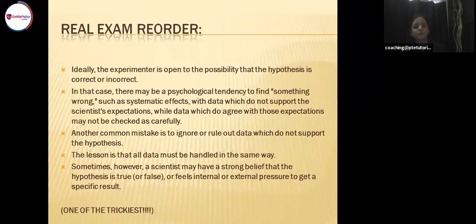This happens. I'm from non-medical background. When I was doing my BSc non-medical, people were used to do some experiments, and some experiments have their perfect answers already. And our lecturers were used to ask us, "You have to find this answer."